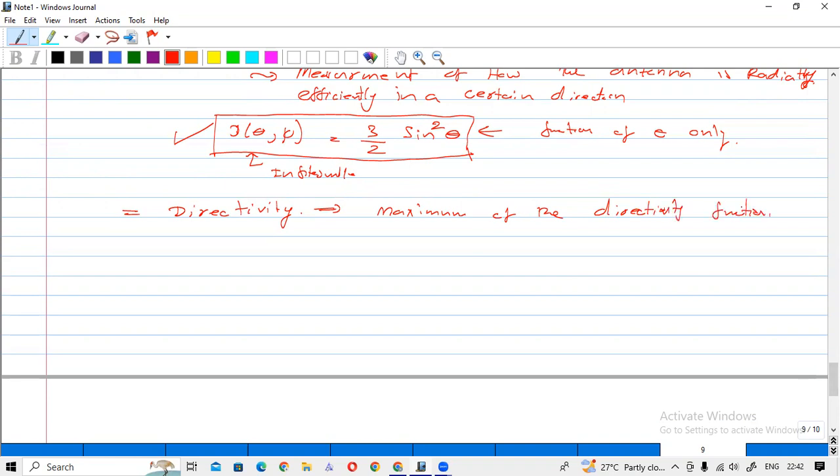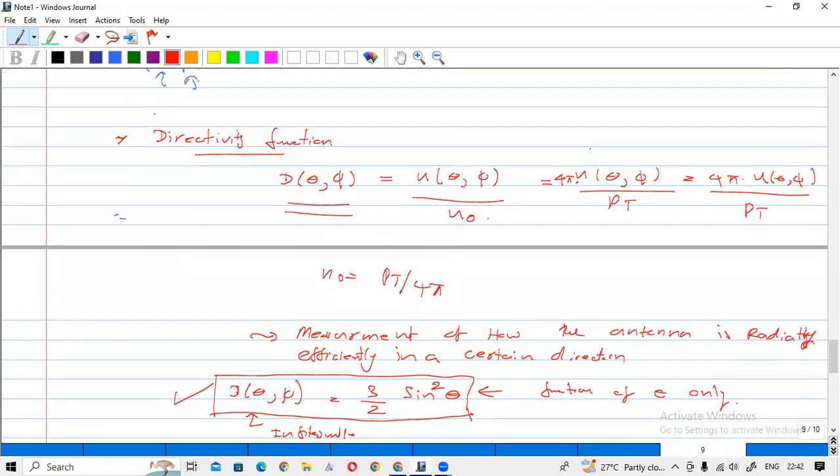It is defined as D equals 4 pi U(theta, phi) over P_t. So the directivity function is maximized when U is maximized.